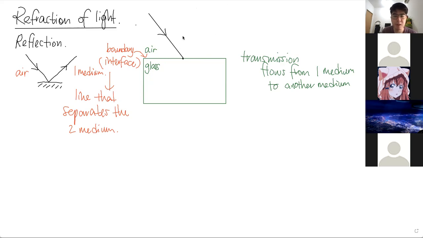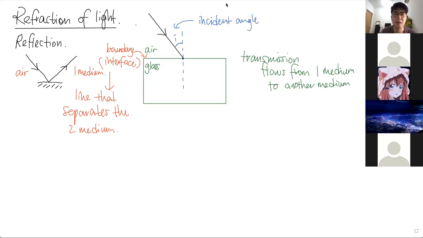Where's our normal? 90° to the surface, to the boundary. So this is my boundary, flat, so my normal should be vertical, 90°. And this angle it makes, we call it what? Incident angle, right? So this is the incident angle.